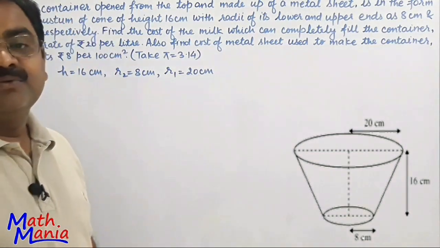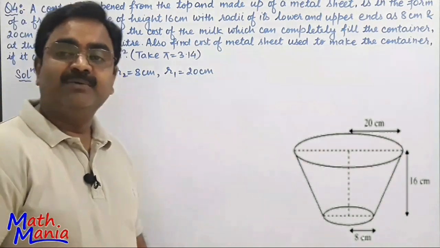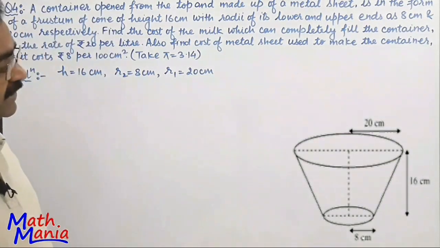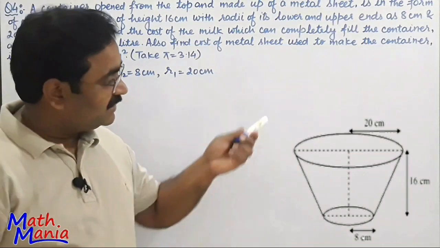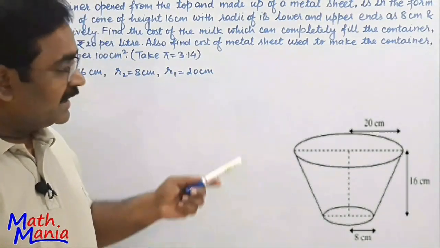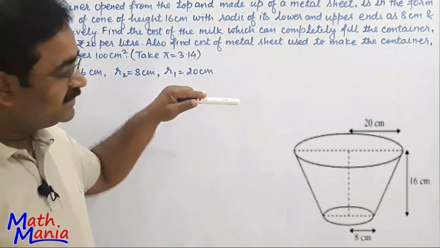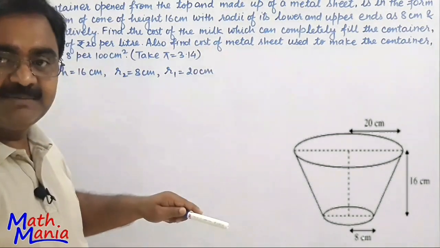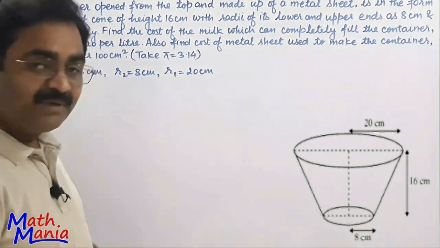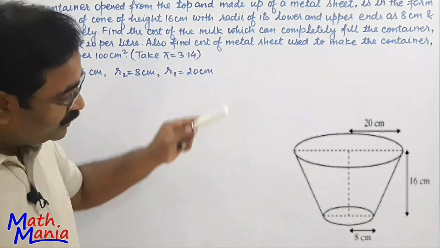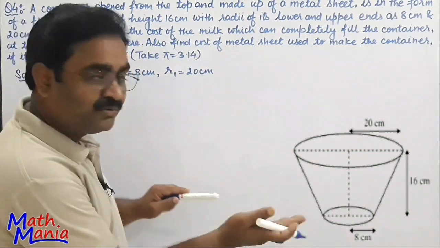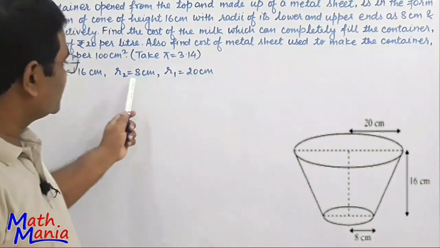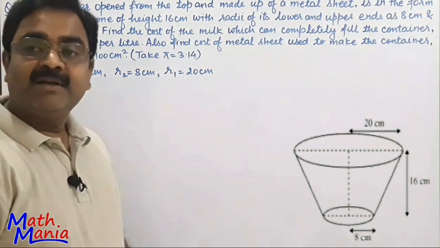Right? So for this we need to find the volume of the container. So dear friends, the container you are seeing is open upward, whose radius is 20 centimeters, which we have taken as R1, and closed downward, means at the bottom, whose radius is 8 centimeters.